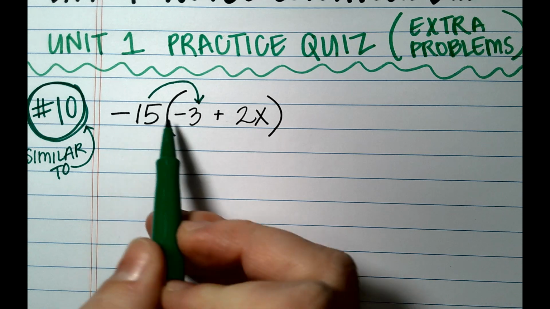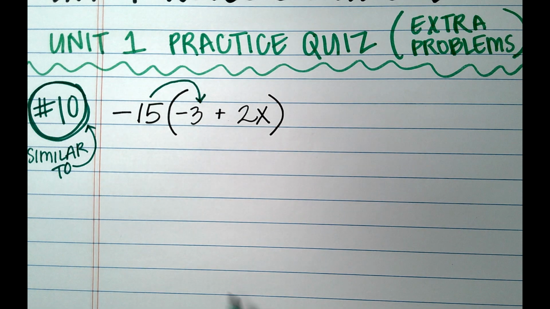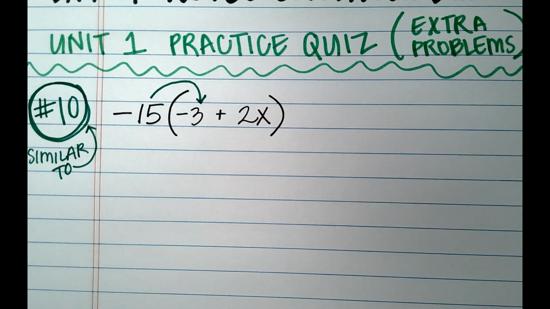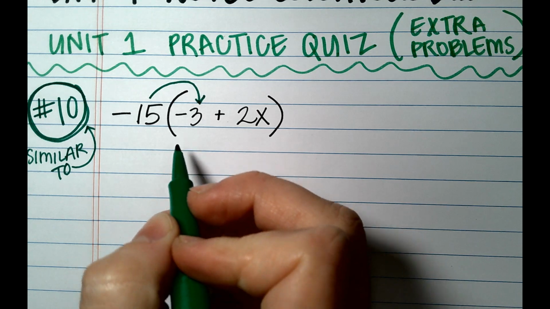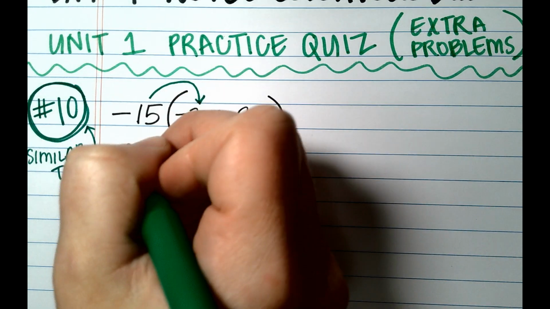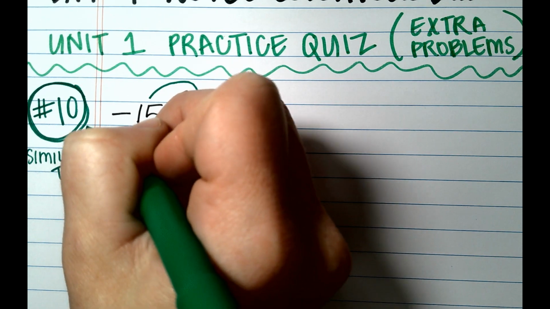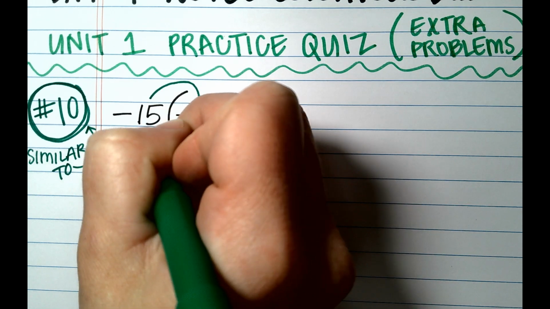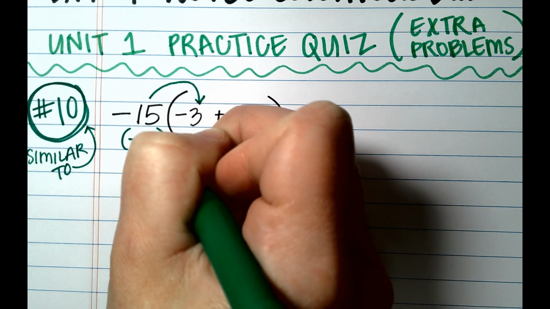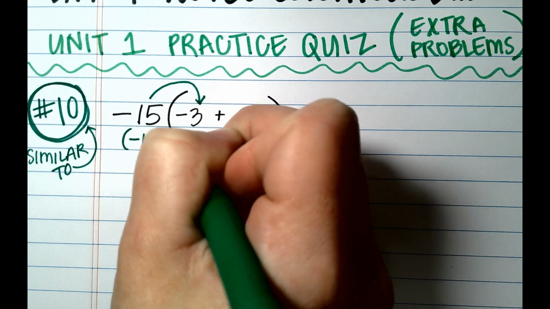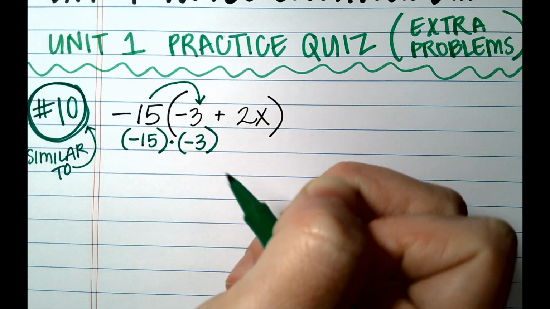First, we have negative 15 times negative 3. And it's never a bad idea to write it out and do it slowly. So I'm going to do that here. Negative 15 times negative 3. That's the first part.